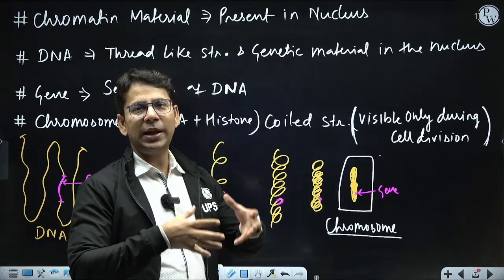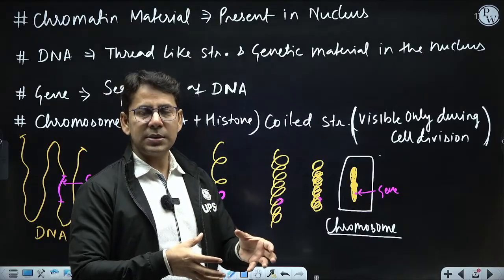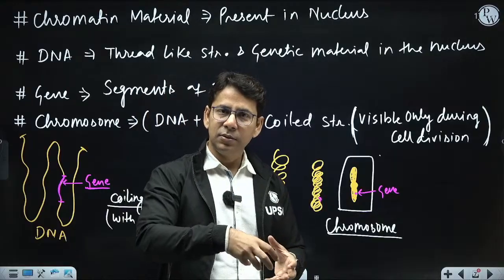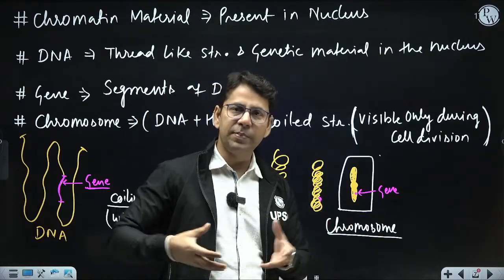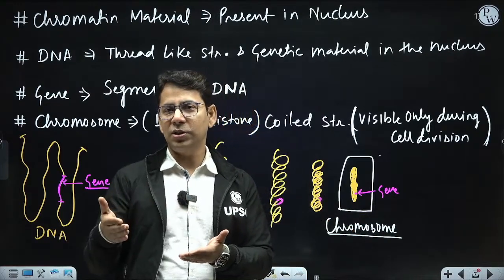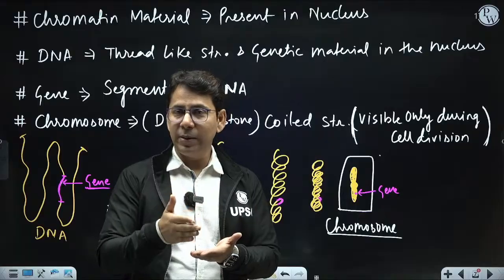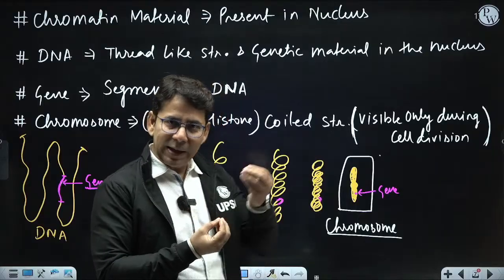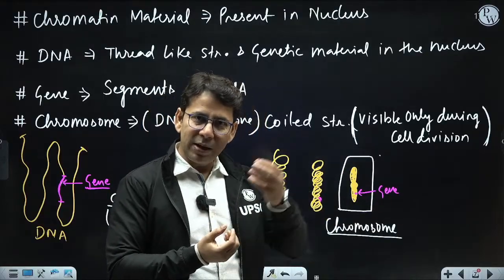So chromosome is like a bus. On that bus, genes are sitting. So chromosome is the vehicle and genes are the passengers. So who is carrying the gene from one generation to the next generation? Genes are being carried by chromosome. Genes will carry character, but genes will be carried by chromosome.